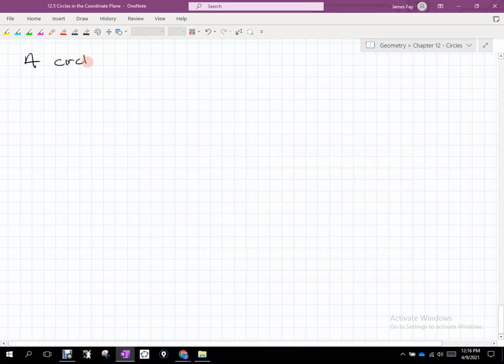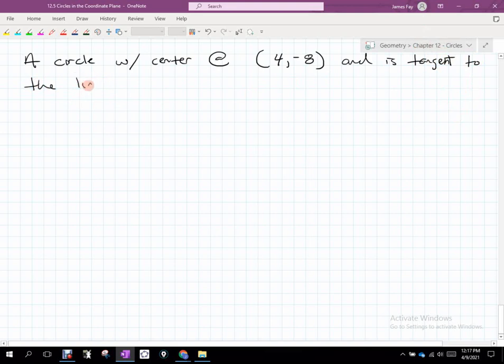A circle with center at (4, -8) and is tangent to the line y equals 3.